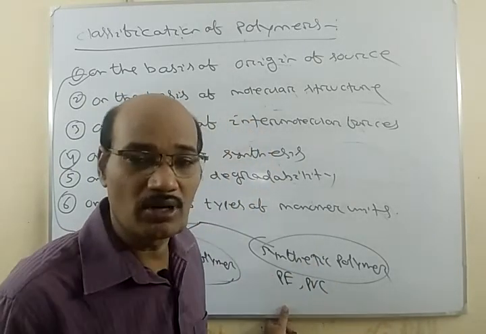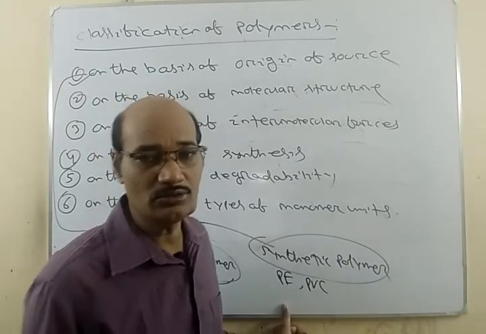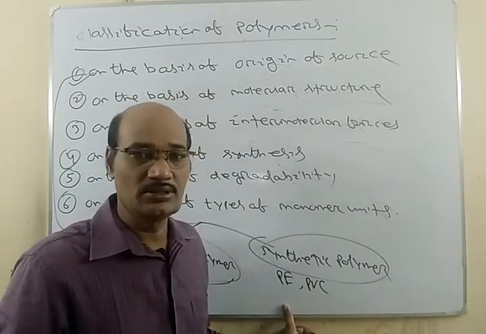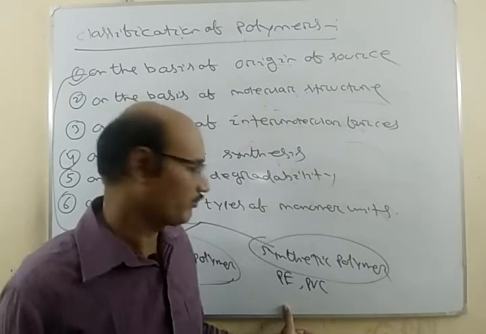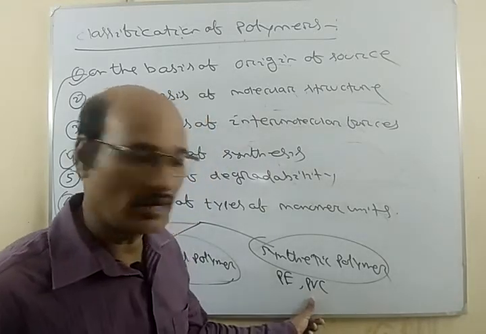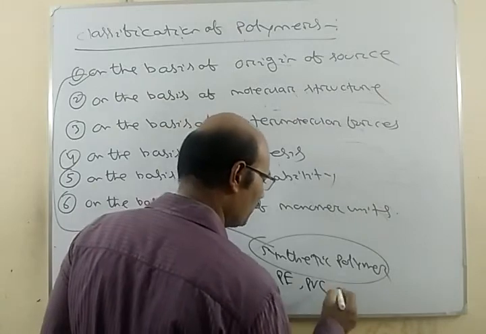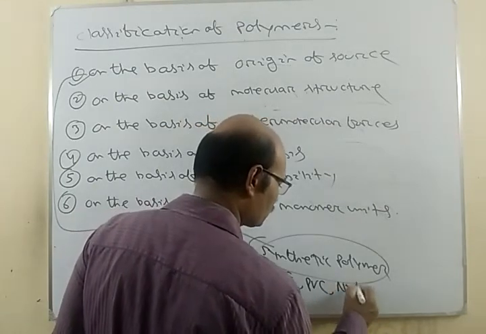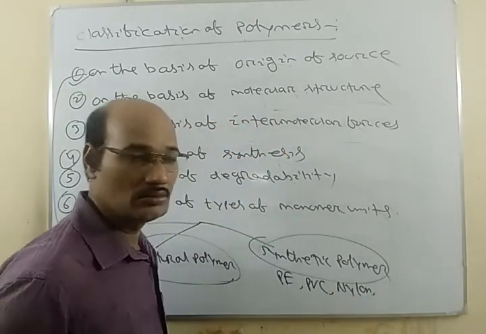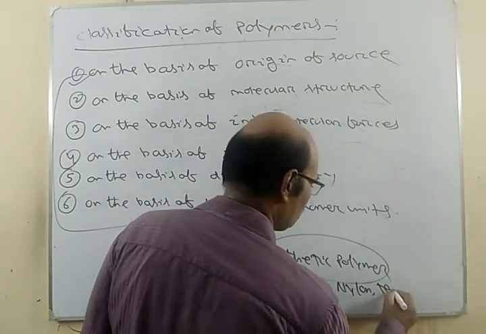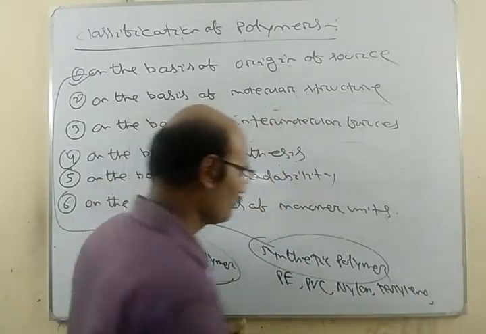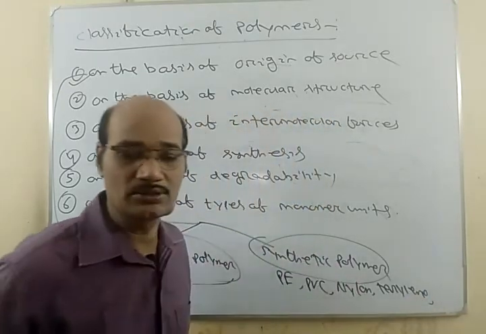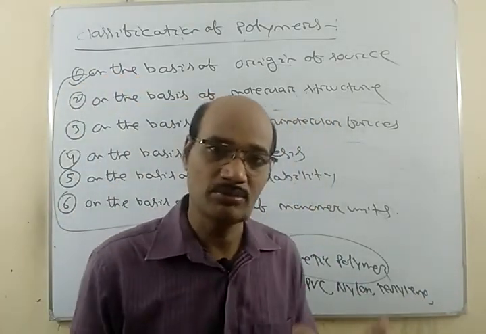PVC, polyvinyl chloride. We know the pipes, the sanitary pipes, household pipes for the water supply. PVC, polyethylene, nylon, polyester, bakelite, all are synthetic polymers.